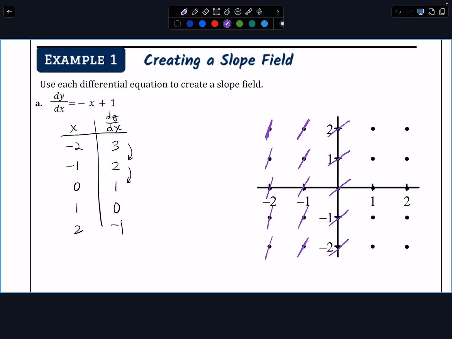All lines are straight. A horizontal line. So something like this. And then at 2, the slope's -1, so it's a diagonal line, but going this way. Looks something like that.